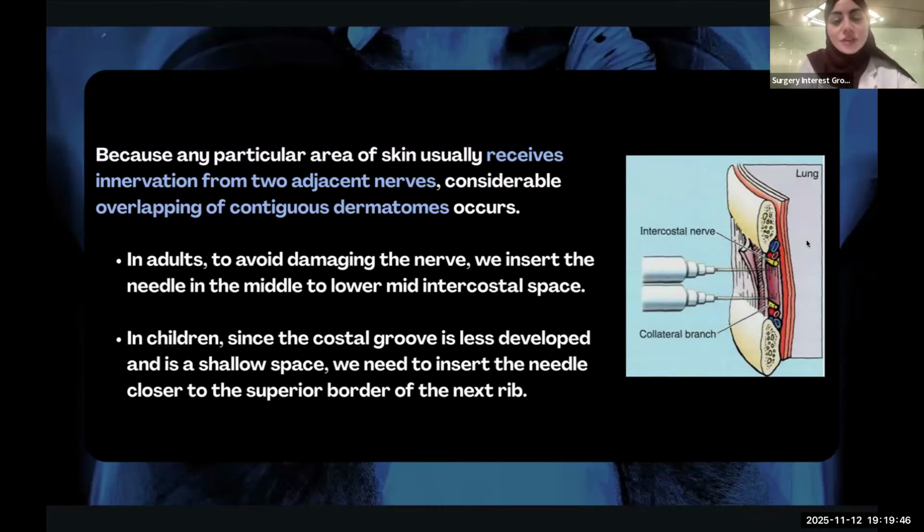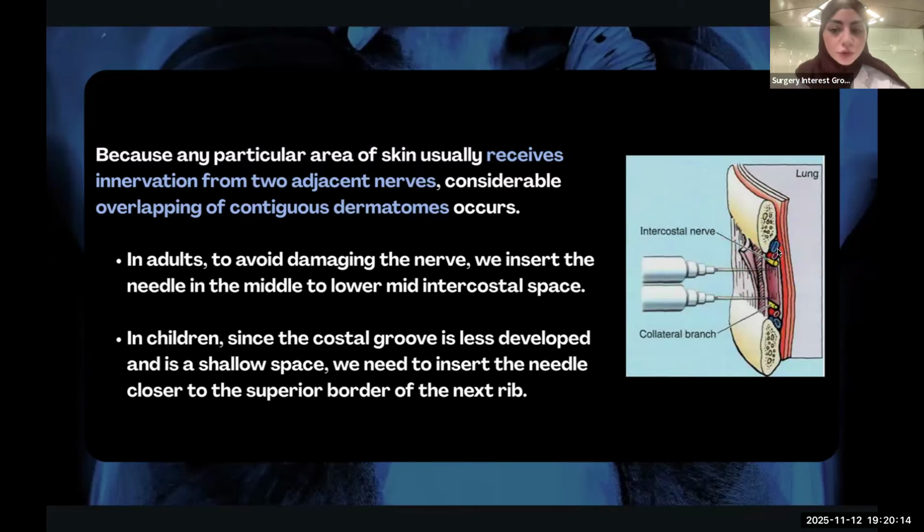So maybe I didn't make myself clear, but basically, I've now located where I want to put this anesthetic, from my paravertebral line all the way to the area where I'm interested in blocking or anesthetizing, either for the procedure or because I have some sort of injury. Now, when it comes to where I want to put the needle exactly, because again, with local anesthetic, I want to insert a needle to infuse this drug surrounding the nerve.